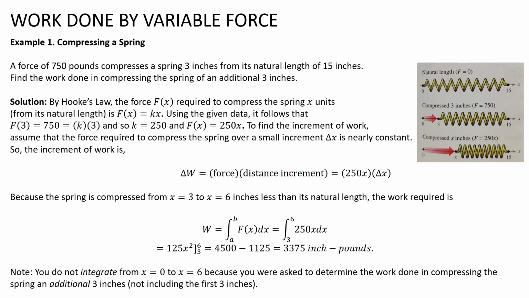All right, let's try to determine the work done by compressing a spring. I already showed every solution here. By Hooke's law, we need to determine first the K, the spring constant, before we can generate the equation. By reading the problem, a force of 750 pounds compresses a spring 3 inches from its natural length of 15 inches.